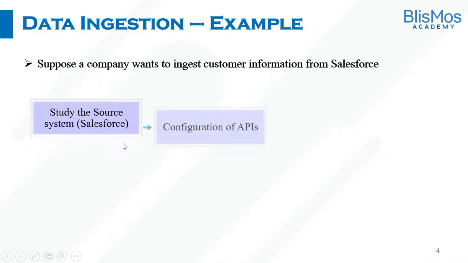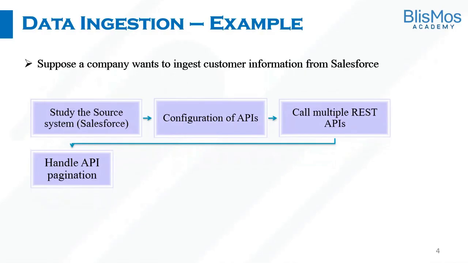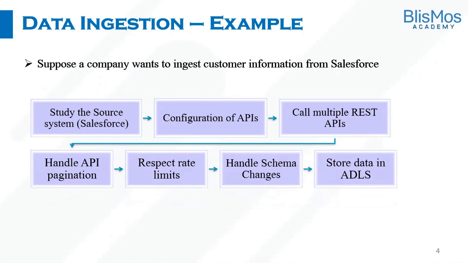Then configure the APIs, then make calls to multiple REST APIs, then handle the pagination, then respect the rate limits, then handle the schema changes. Once you do all these things, you can store the data in Azure Data Lake Storage. This is another typical example of data ingestion.